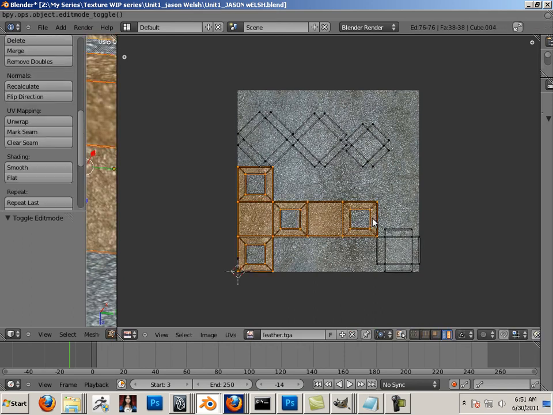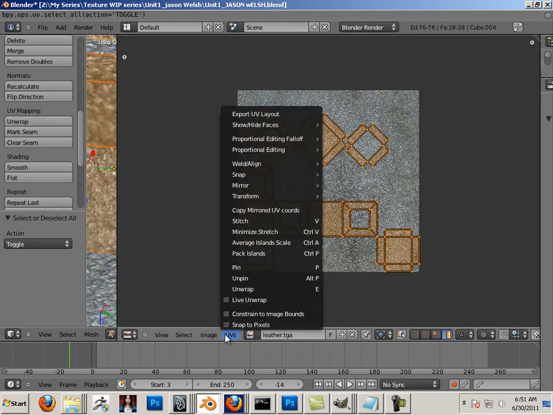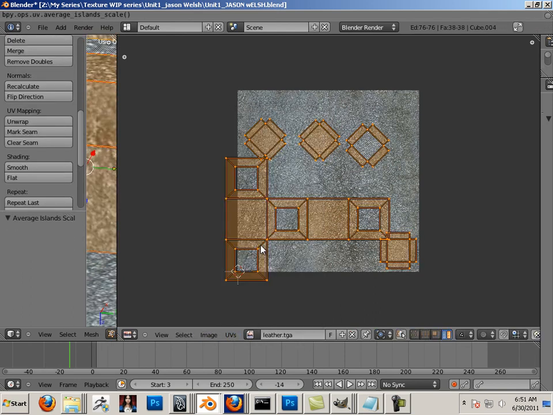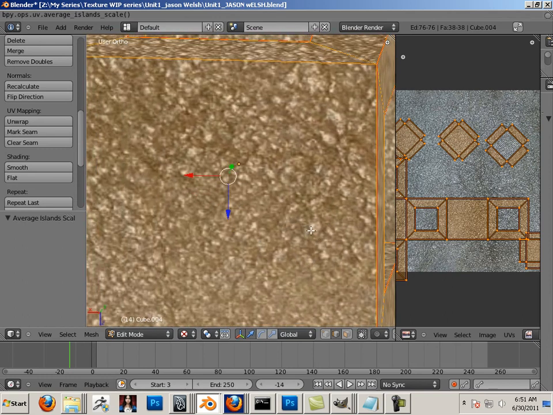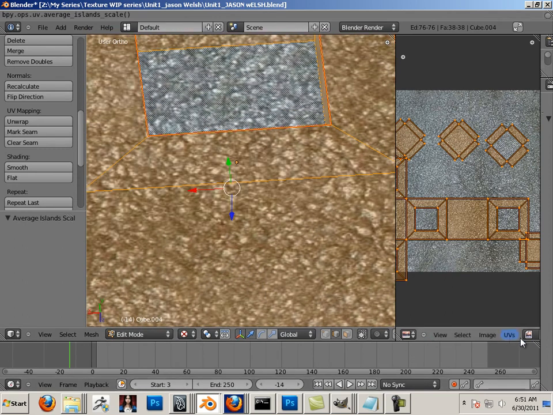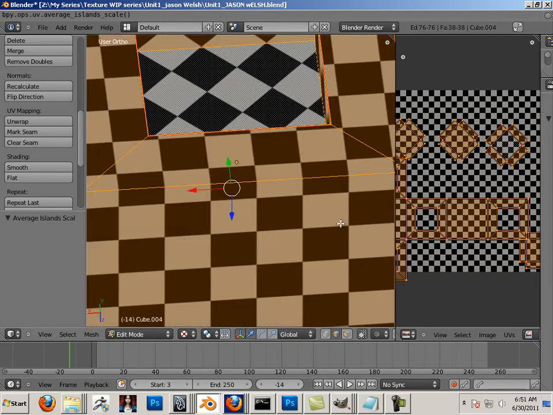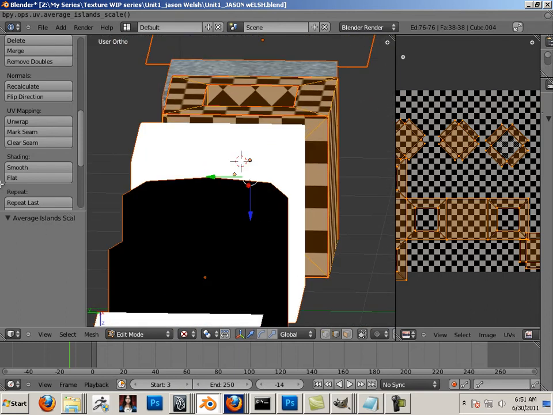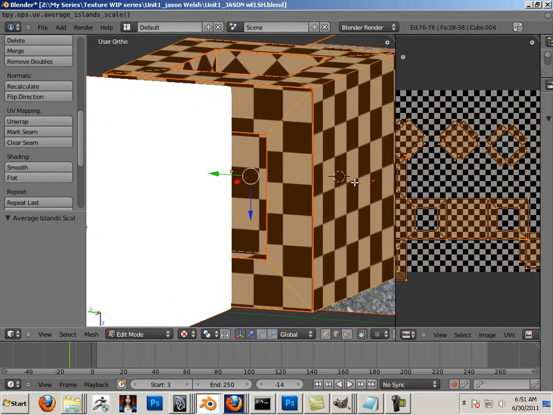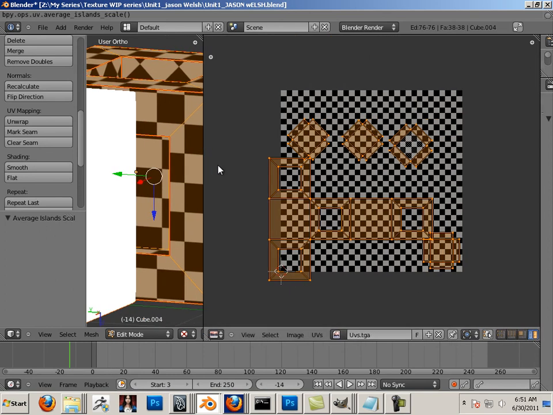If I hit that, that will help. Now you can see that the resolution stands true, and if I go back over to the UVs, you can see that all the actual squares are the same. So that's a way of fixing it automatically, or you could scale each one of these.